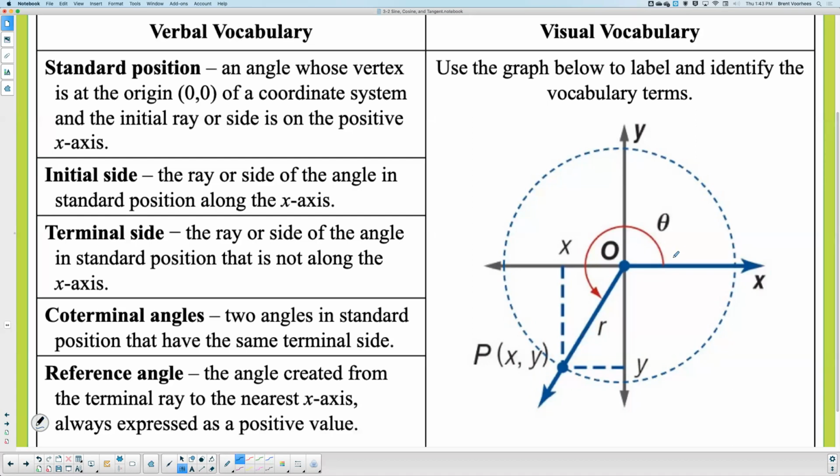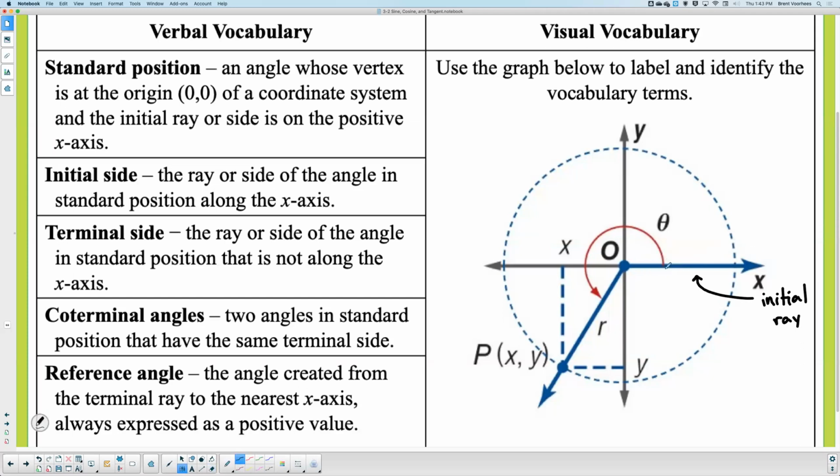That's the starting location for standard position. An angle whose vertex is at 0, 0, the angle will start there. And the initial ray, this right here, is called the initial ray. The initial ray is the positive x-axis.